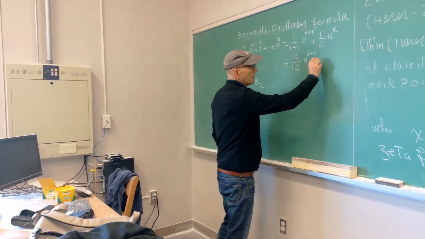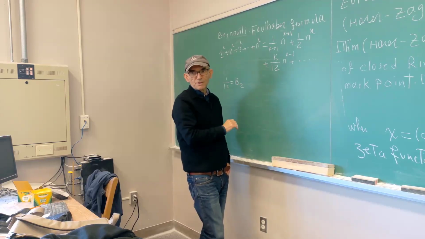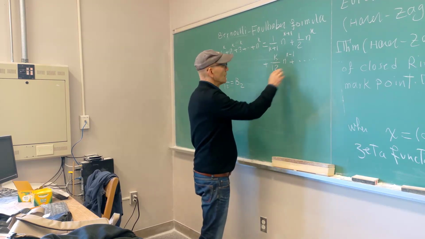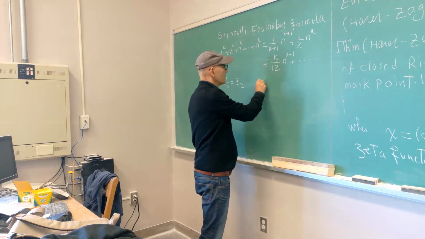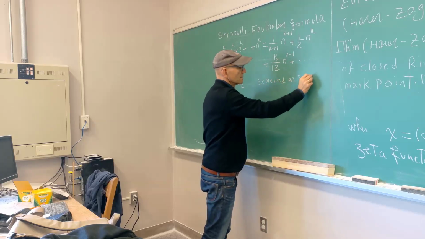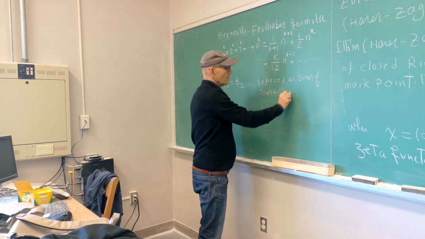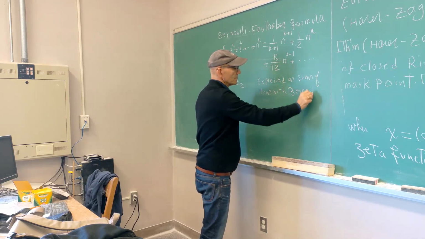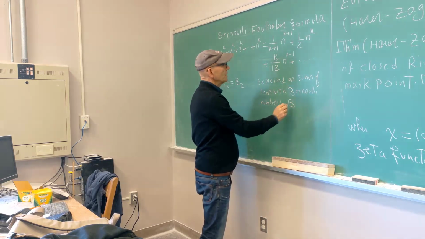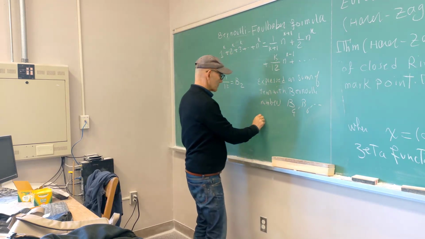And then all these lower order terms are expressible in terms of Bernoulli numbers. You can read it on Wikipedia. So it is expressed as a sum of terms with Bernoulli numbers B4, B6, etc. as coefficients.